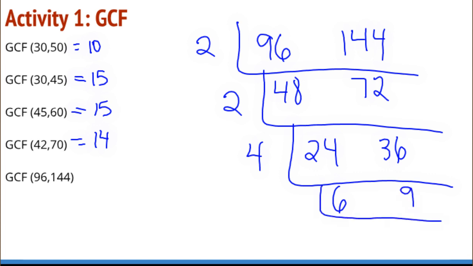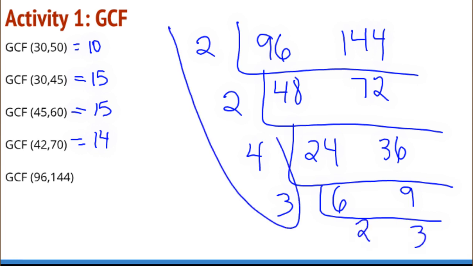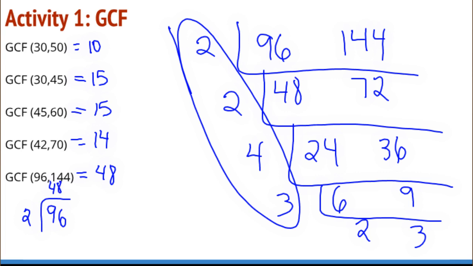And those are both divisible by 3. And that leaves me with 2 and 3. So I've got 2 times 2 is 4, times 4 is 16, and 16 times 3 is 48. 96 divided by 2 gives me 48, and 144 divided by 3 would give me 48. So 48 is the greatest common factor of both of these.